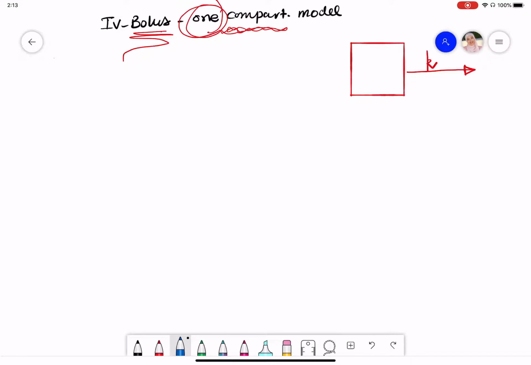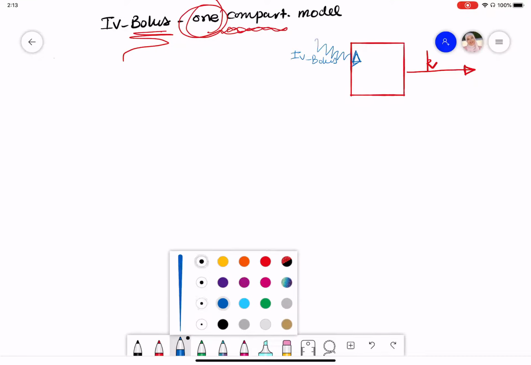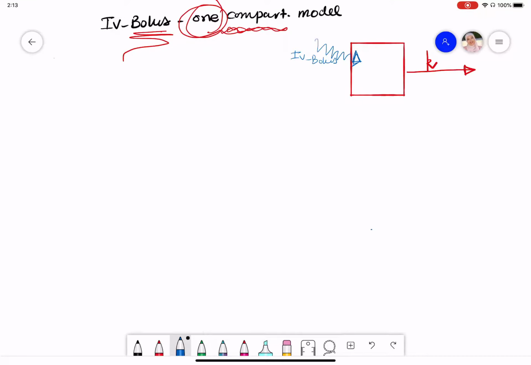And we will present the route of administration as a zigzag arrow to make sure that we are not talking about any kinetic process, it's just the route of administration as IV bolus.